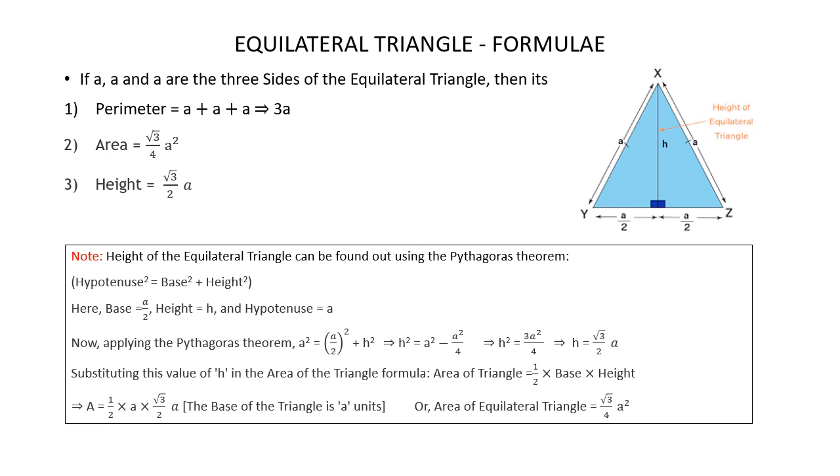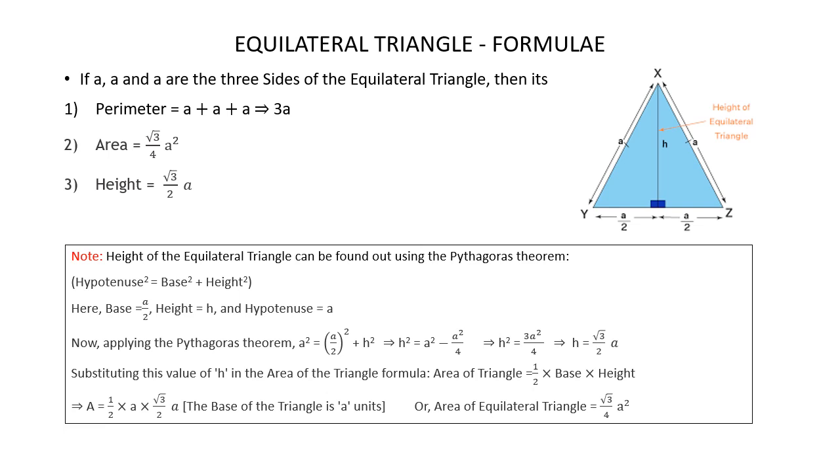Now let's understand how the formulae for the height and area of an equilateral triangle have been derived. So first look at this equilateral triangle XYZ. Here each of the three sides is equal to a.